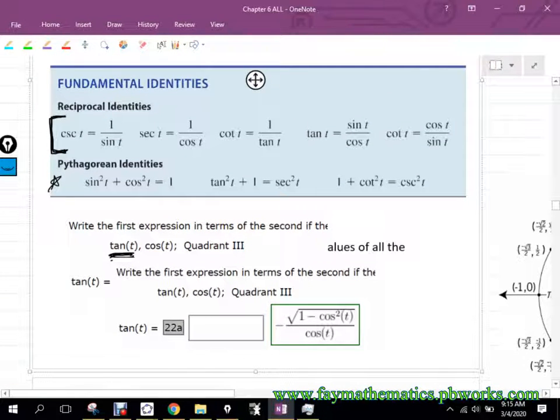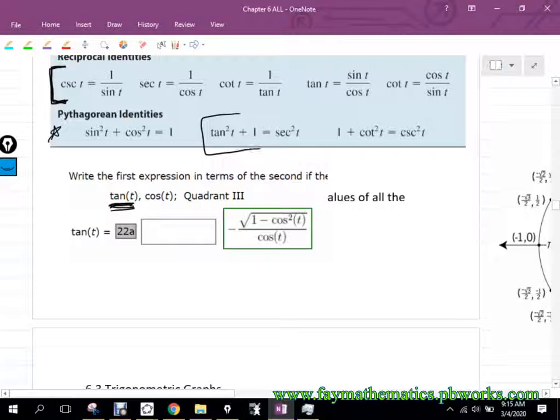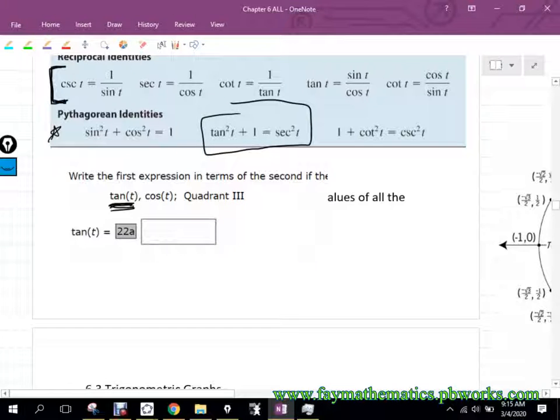Does this one here use tangent and its reciprocal, right? Yes. Okay. So that's the one that I'm going to look at and start with. So I'm going to write tangent squared t plus 1 is equal to secant squared t. That's what I'm going to use to conduct this process.